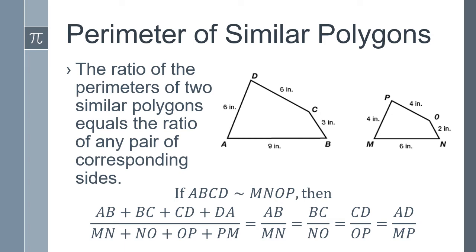As we can see here, the scale factor is in fact 2 to 3, so the perimeter ratio is also 2 to 3. In MNOP, the perimeter is 16, so the perimeter of ABCD would have to be 24. If we add all that up, we would in fact find that to be true.